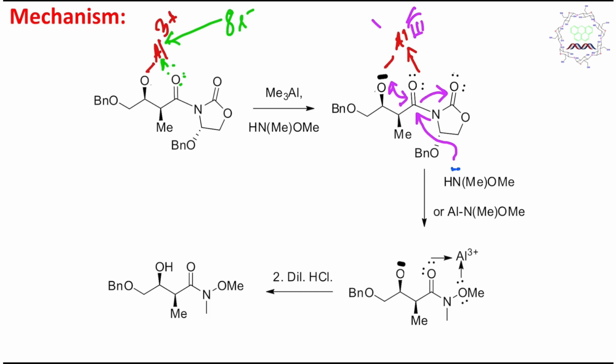Why will it leave? Now let's draw the leaving group. So this is oxygen O, this is nitrogen, and here obviously this is the benzyl group. Now here is the negative charge, and this negative charge is resonance stabilized. How? It can push here, so that's why it comes out.